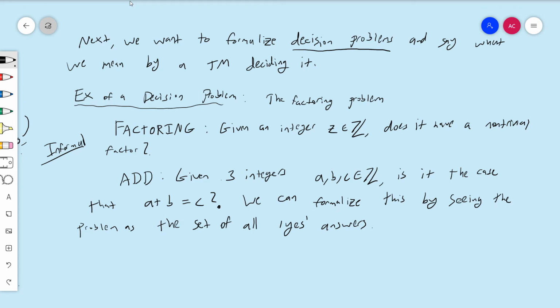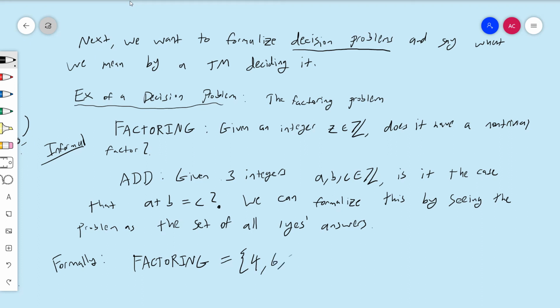So formally, the factoring problem is the set of all of the yes answers. The first one would be 4. 1 and 2 and 3 are prime, or yeah, 1 is prime, I guess.